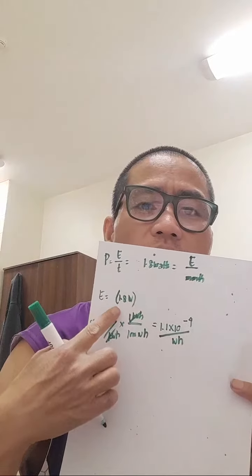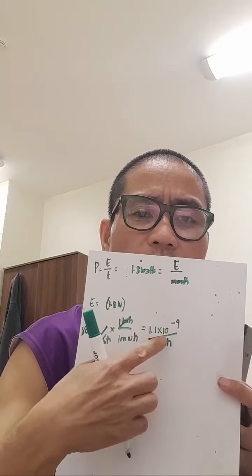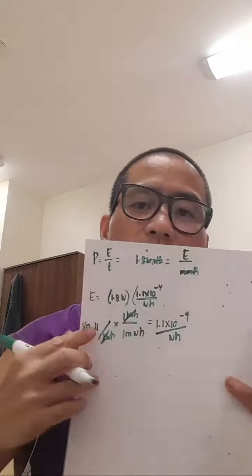Then multiply that here, because this is already the power, and this is already involving time. So multiply this cost per time here. So we have 1.1 times 10 to the negative 4 dollars per watt hour. Cancel the watts, right?